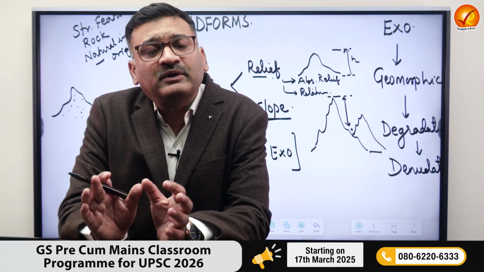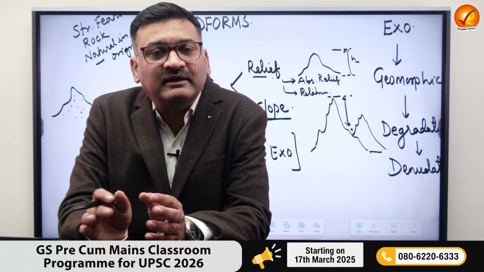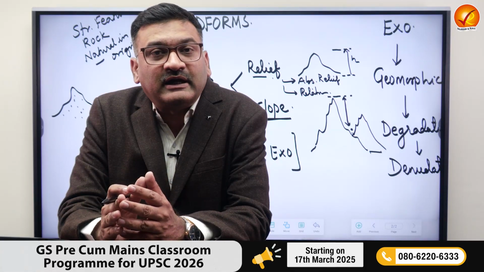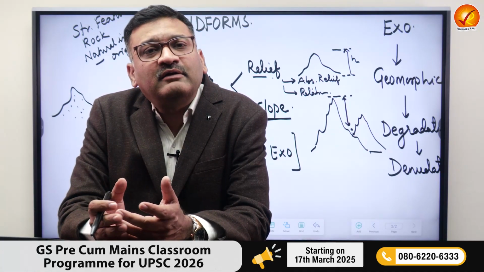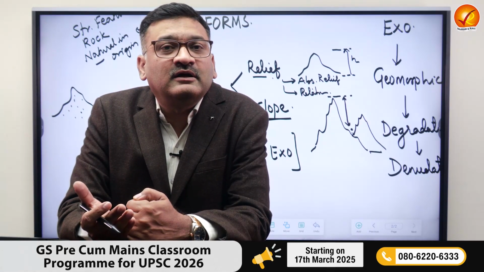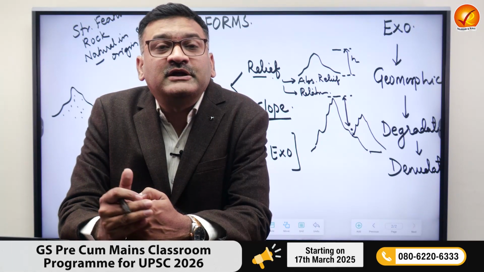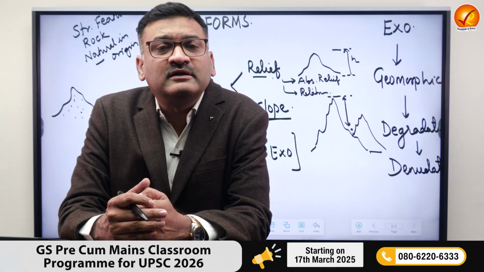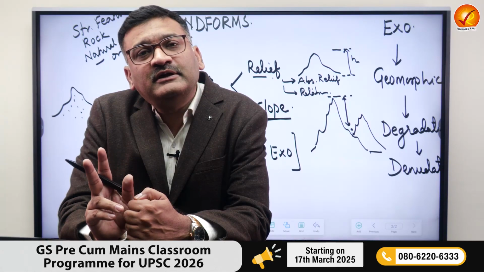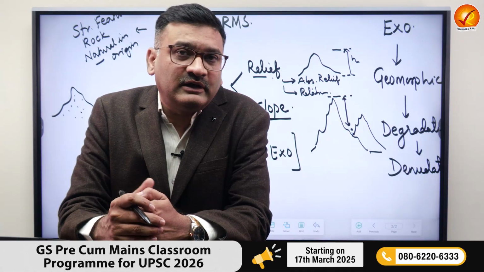If you measure the variation of height between any two locations, irrespective of the sea level, that will be referred to as relative relief. I hope you are able to understand this. So every landform will have two types of relief. One, its maximum height from the sea level, known as absolute, and the height measured from the nearby lowest location, irrespective of the sea level, or simply the height between two locations in the interior of any landform. This will be known as relative relief.